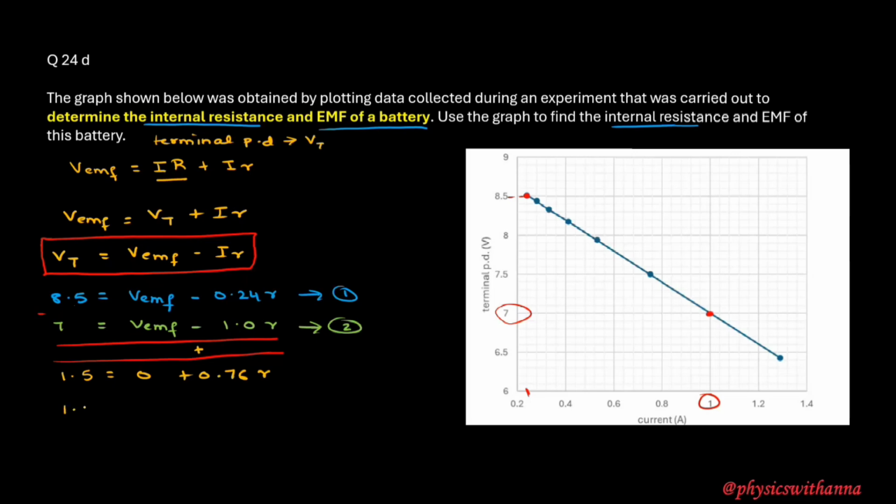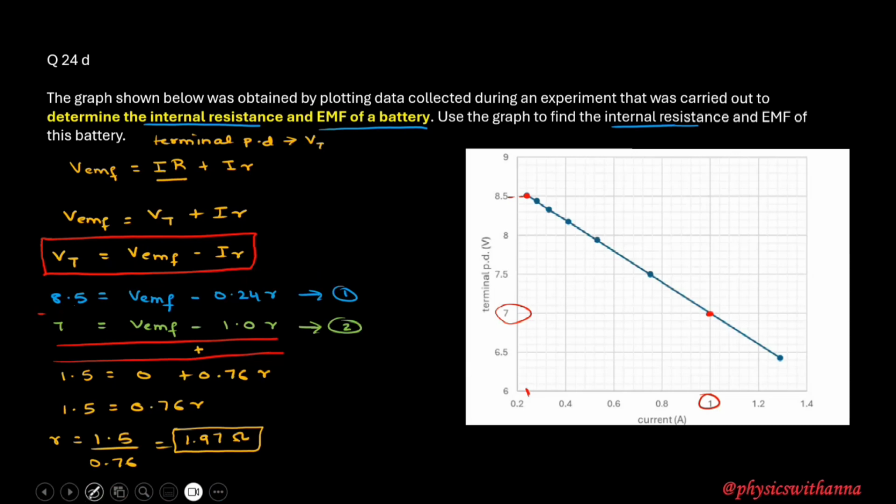So this becomes 1.5 equals 0.76 r. In order to calculate r, let's divide with 0.76. r becomes 1.5 over 0.76. That gives me 1.97 ohms.